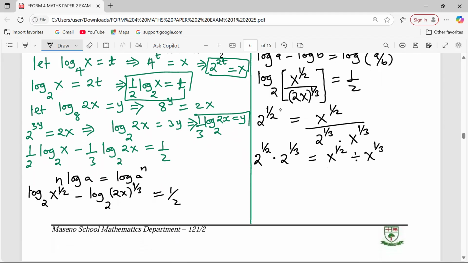At such a stage now, we know that the powers on the left should be added. So it becomes 2 power 5 over 6. And this is equal to, on the other side, x, the powers should be subtracted, and we shall get 1 over 6.